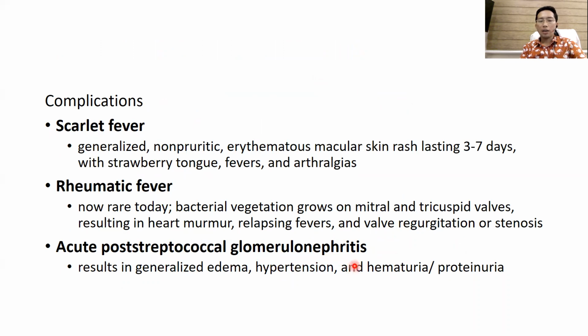When you are in internship, you can see these in the pediatric ward. This is the most common, actually. So when you see a patient presenting with tonsillitis and recurrent infections, also watch out for these complications.